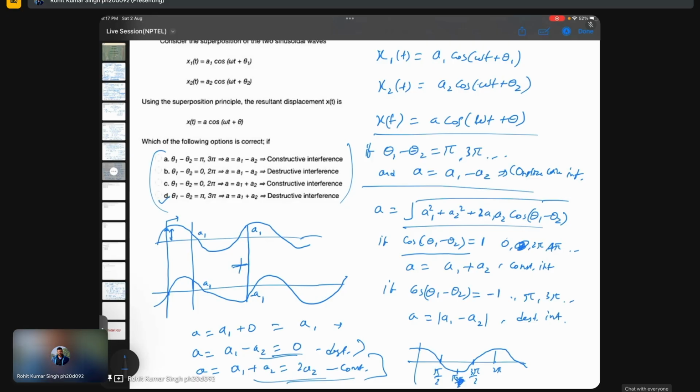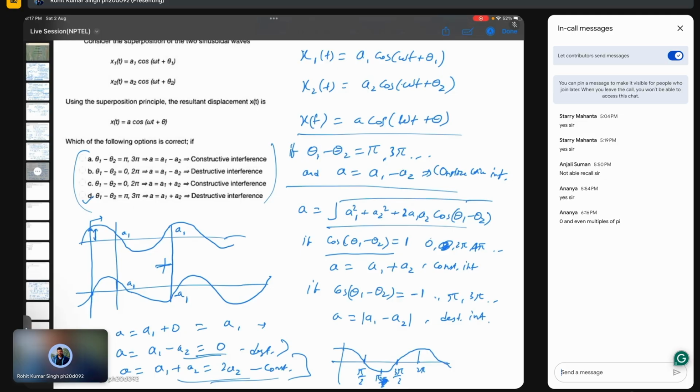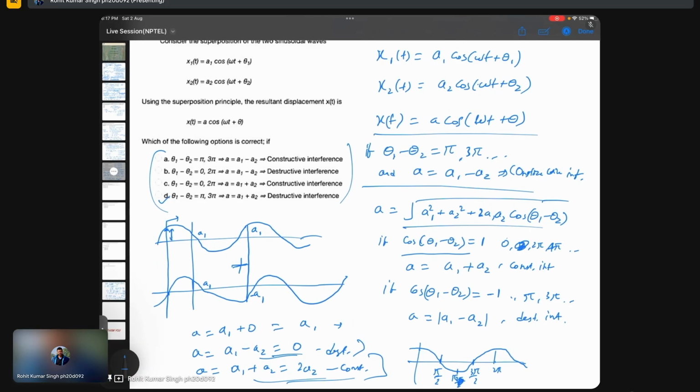Is that okay with everyone? So these two options are correct.